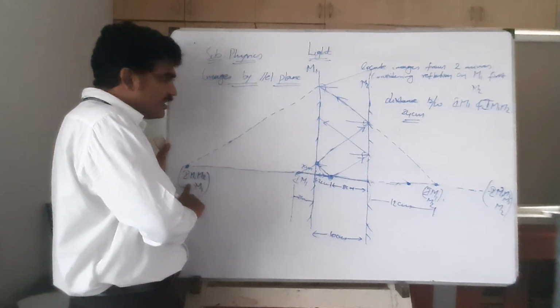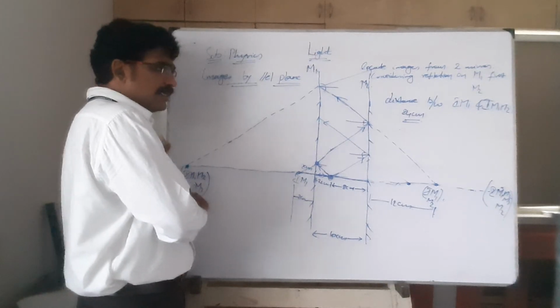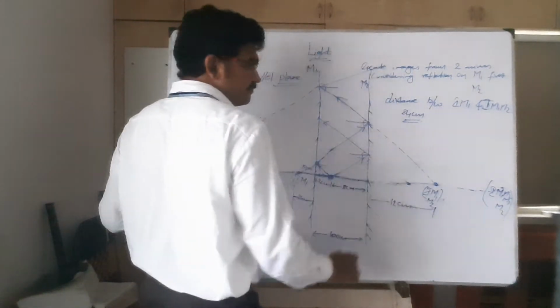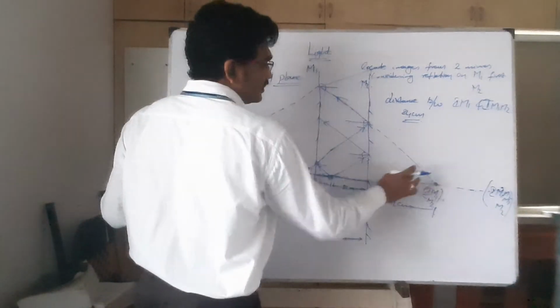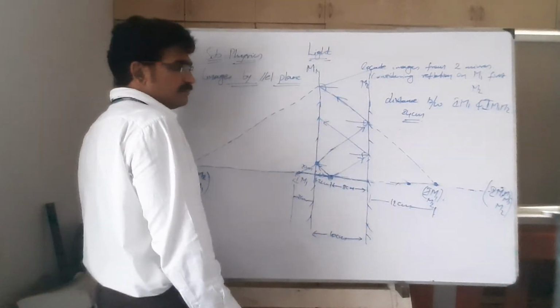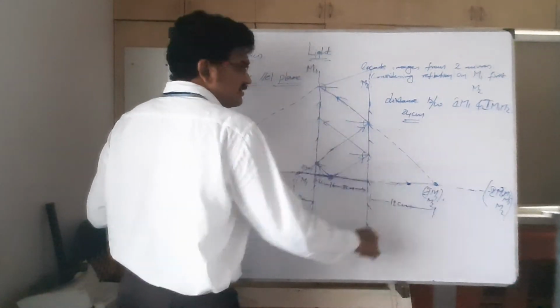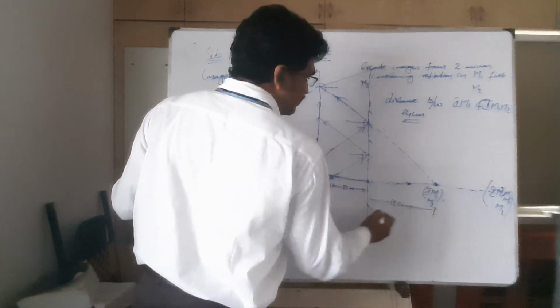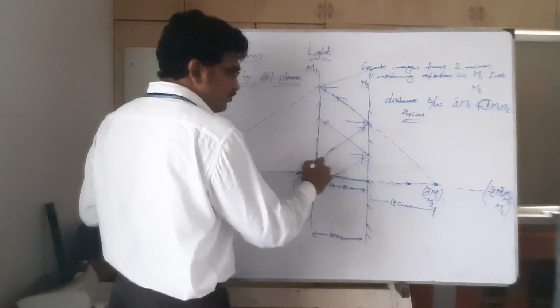This point is formed. Then you should understand, what is this point? This point is the image of this object. At what distance is this object? This object is at what distance from M1? Already you know it is 12 centimeters and this is 10 centimeters.